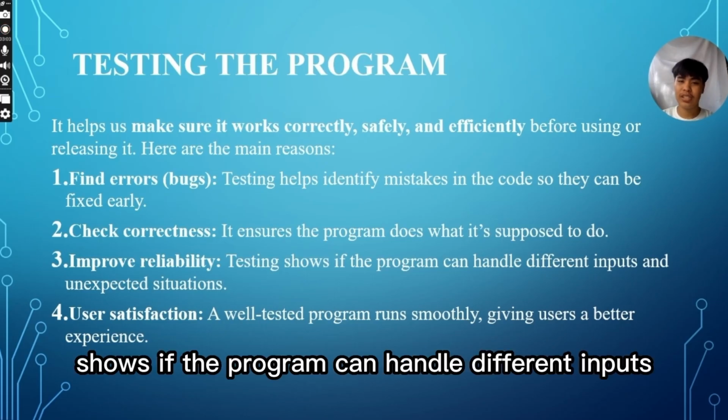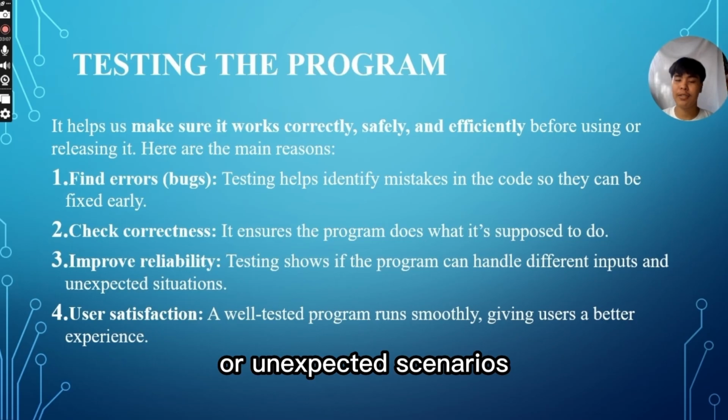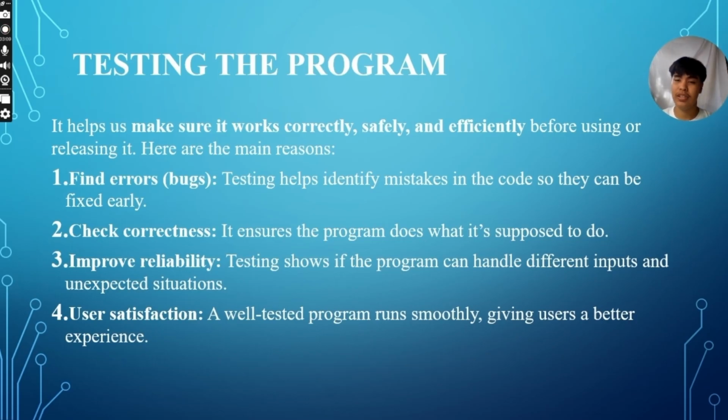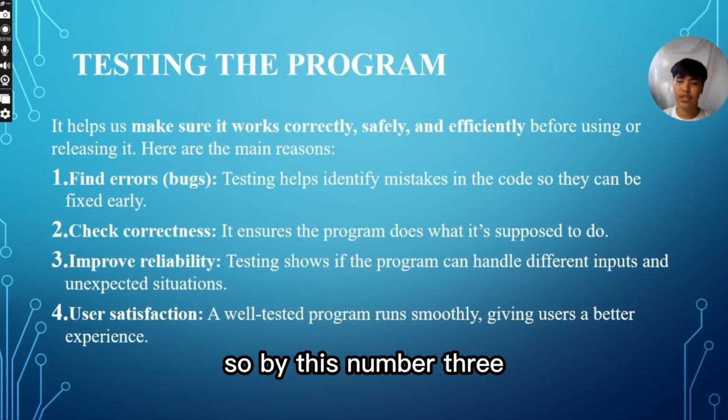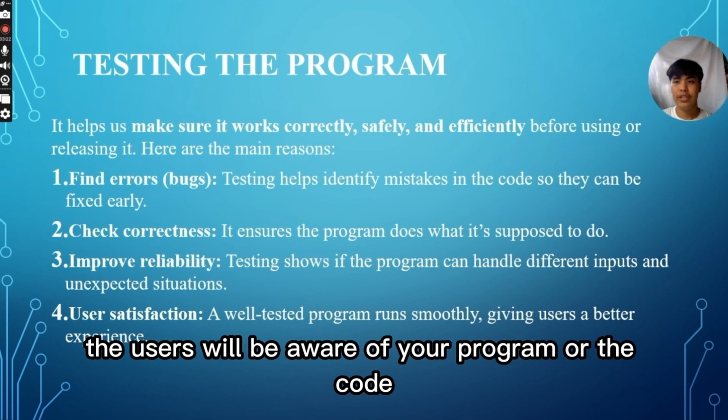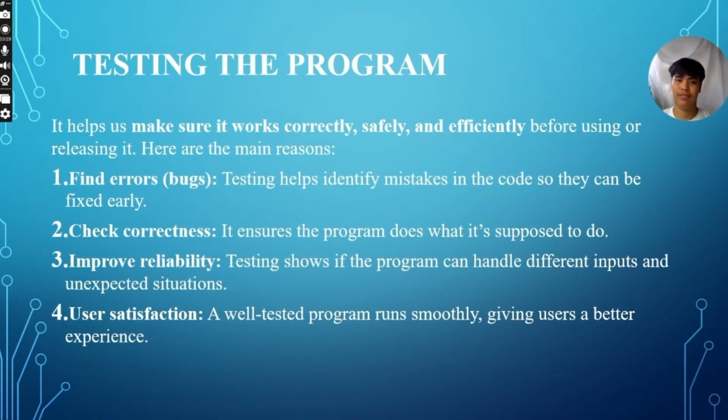Testing shows if the program can handle different inputs or unexpected scenarios. So, others will input some invalid characters. By this number 3, the users will be aware of the program or the code that you make or create.